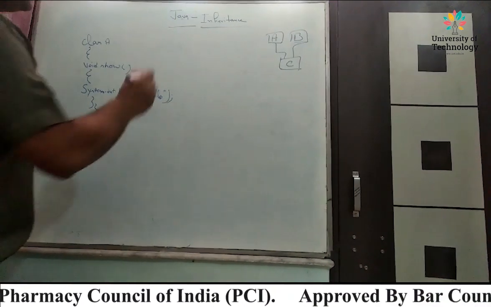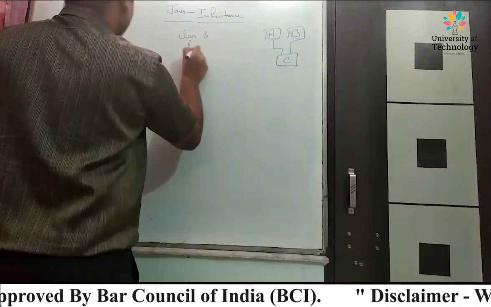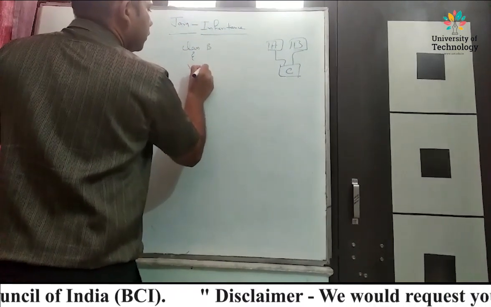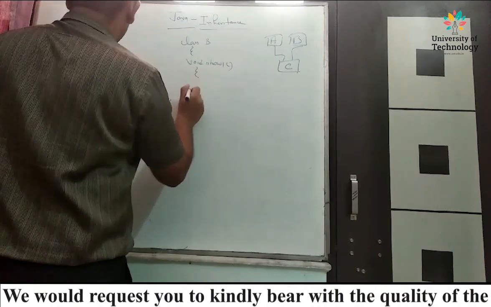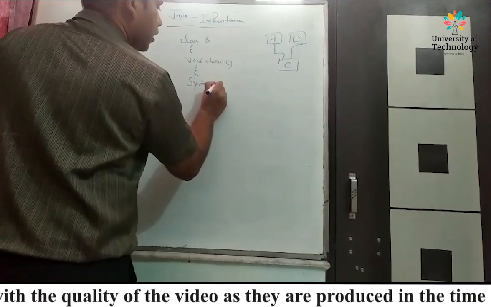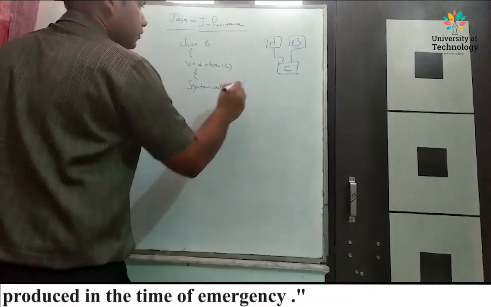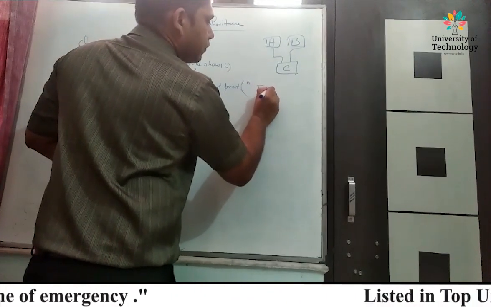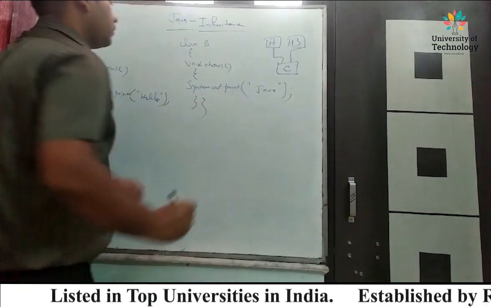Next class B, void show1, system.out.print Java.